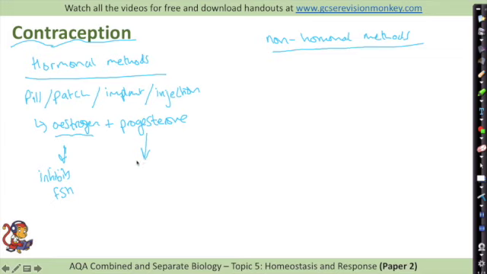And progesterone causes a thick mucus, and that prevents the sperm from reaching the egg, so again protects you from becoming pregnant. So it's really effective, but there are side effects that go along with these. And there is also a T-shaped device called an intrauterine device.